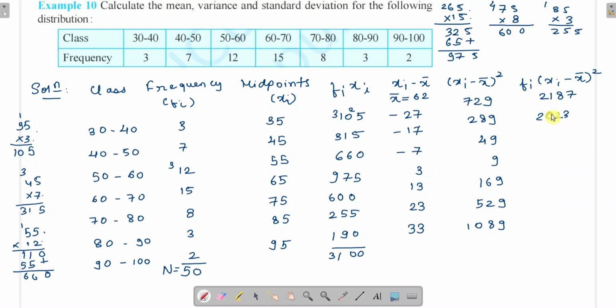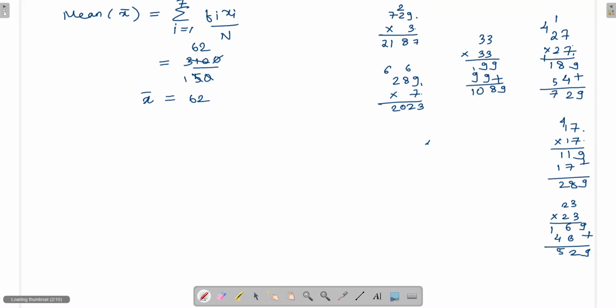Then 49 times 12. 9 times 2 is 18, 2 times 4 is 8 plus 1 is 9, 1 times 9 is 9, 1 times 4 is 4, so 588. Okay, let us check this again.